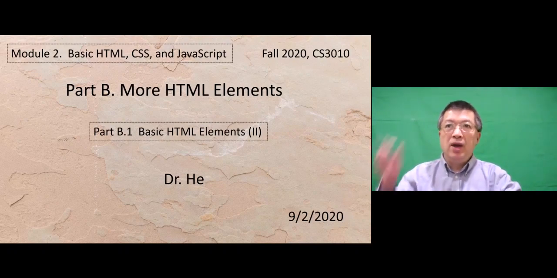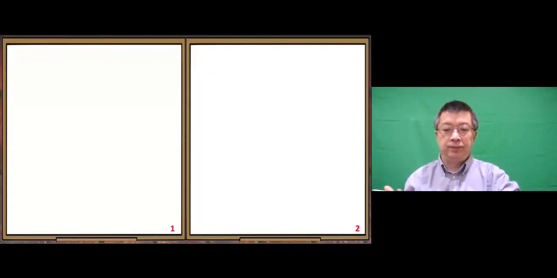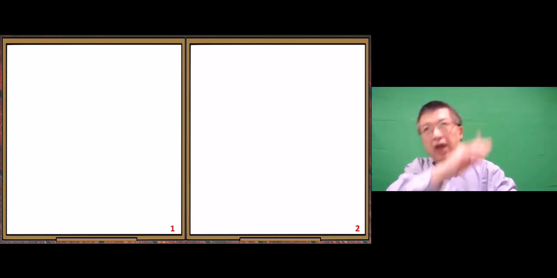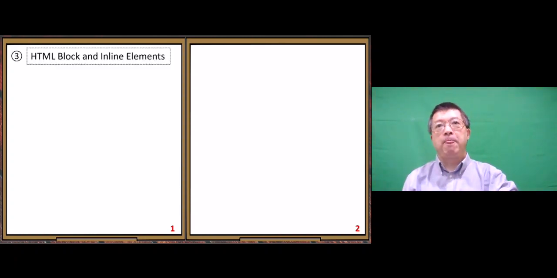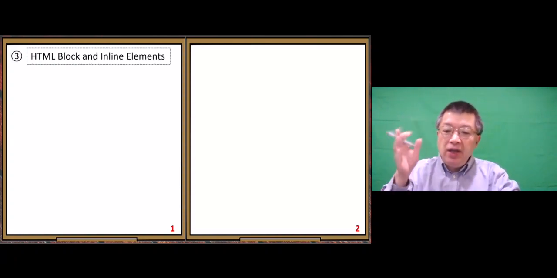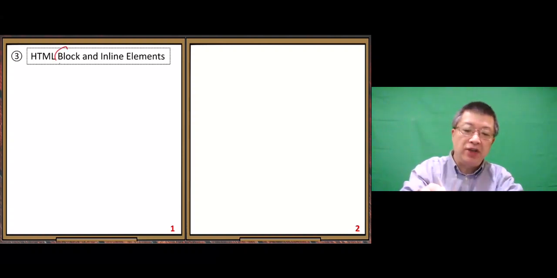Part B.1, Basic HTML Elements, Part 2. The first element I want to talk about. First, let me explain the concept: HTML block and inline elements. There are 2 types of elements in HTML.